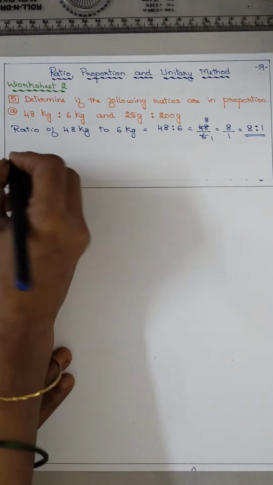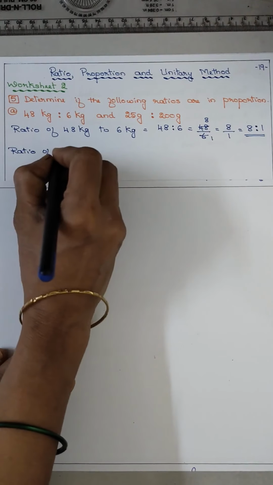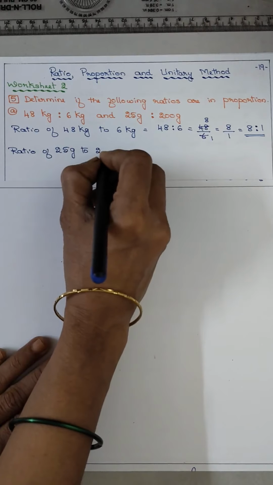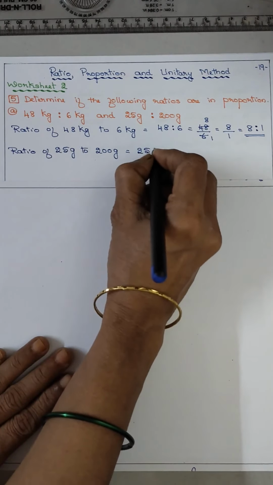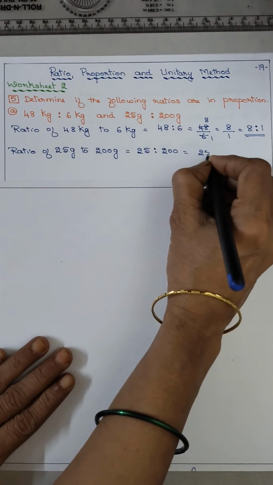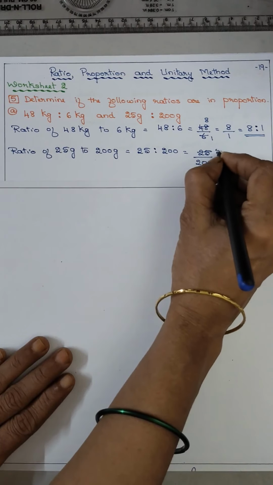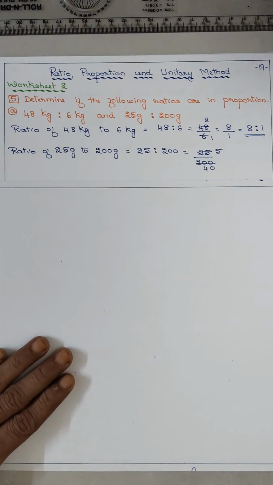Now second, ratio of 25 gram to 200 gram, that is 25 is to 200, 25 upon 200. 5 fives are 25, 5 fours are 20 and 0.